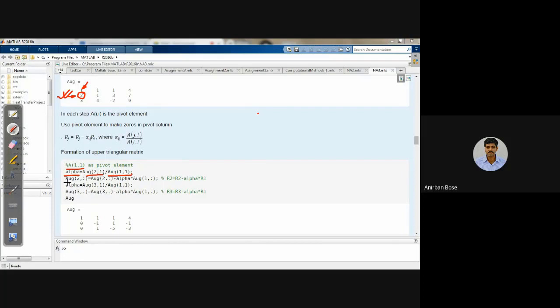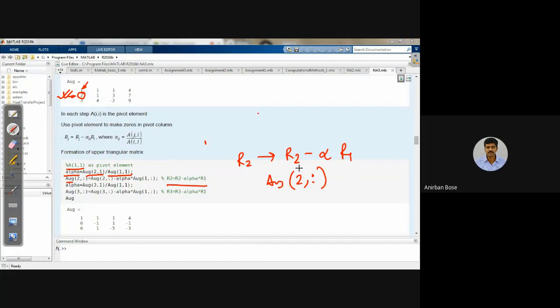Okay, and then you operate on row 2. What operation are you going to do? You know that R2 will become R2 minus alpha R1. So alpha you have already defined. So augmented R2 is augmented 2 comma colon. 2 comma colon means the second row, and only colon means all the columns.